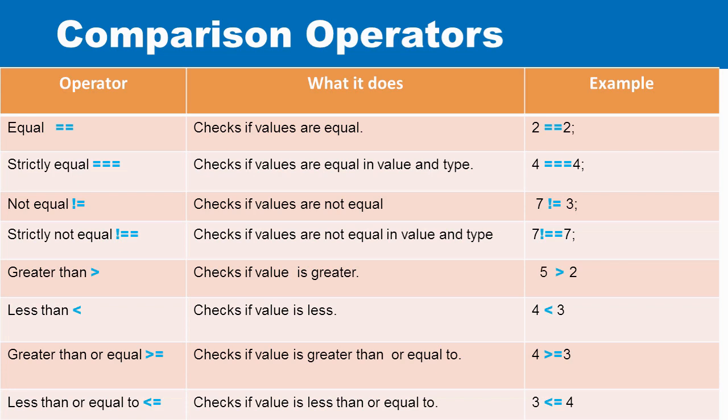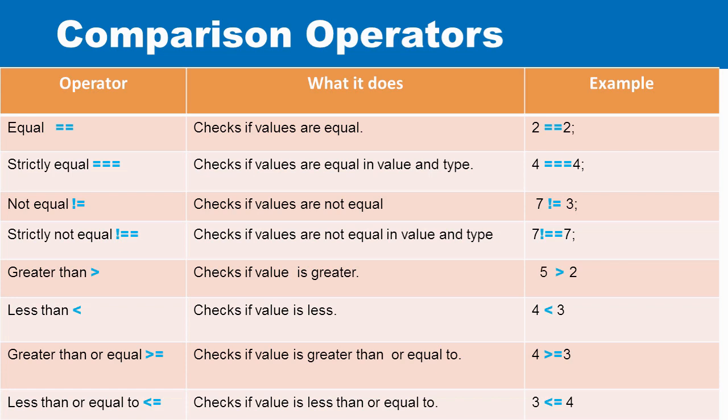If you want to check if a value is greater than another value, you use the greater than sign. For example, you want to check if 5 is greater than 2. If you want to check if a value is less, you use the less than symbol, which checks if a number is less than another number or value.